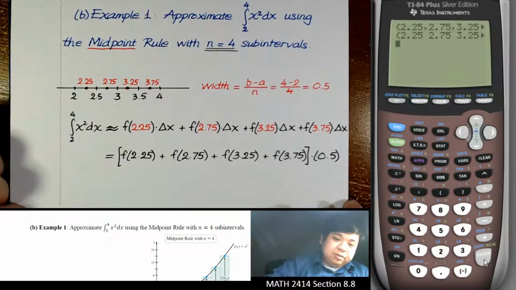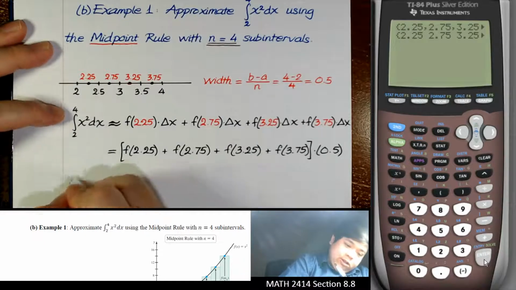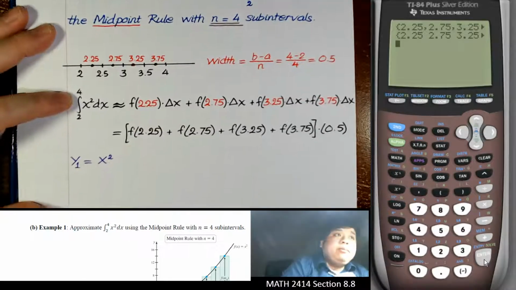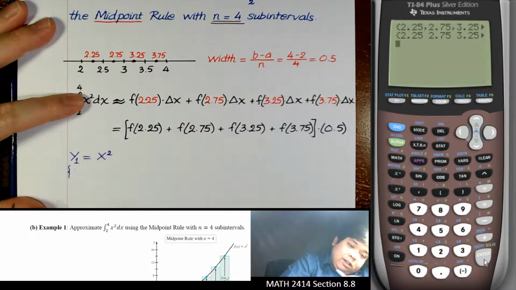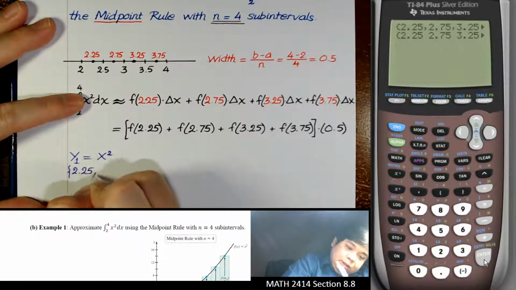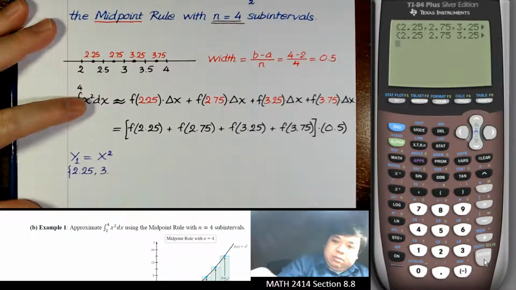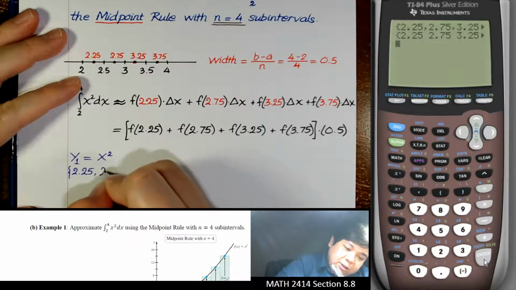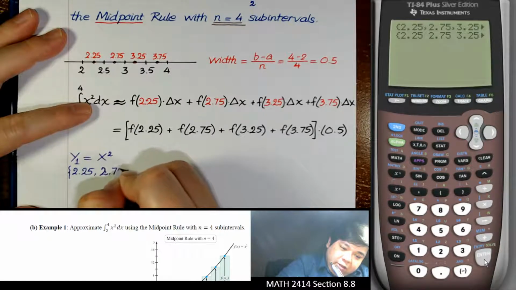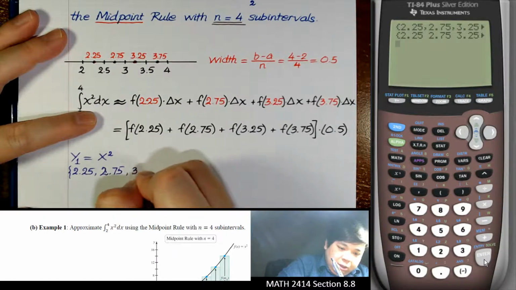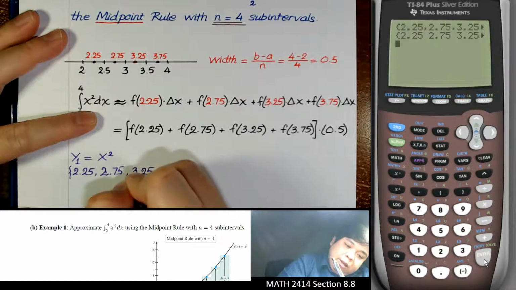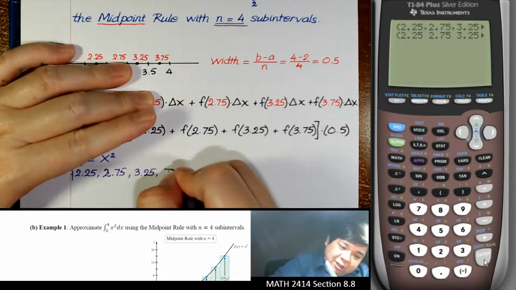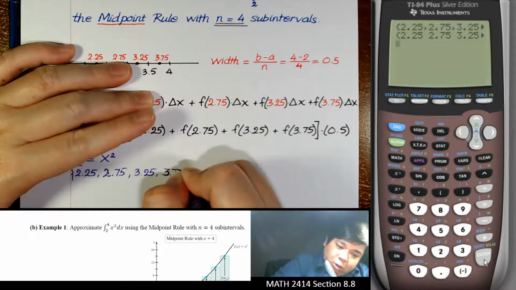Let me write what we enter here. First of all, y1 is equal to x squared, and then next we will have the list 2.25, 2.75, 3.25, and 3.75.